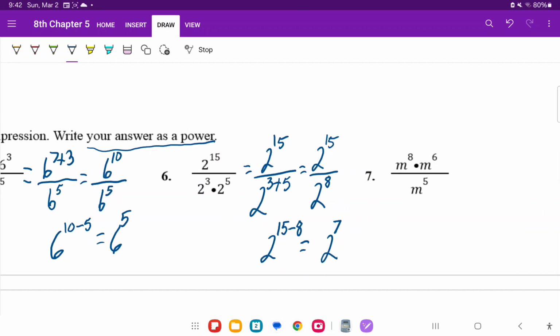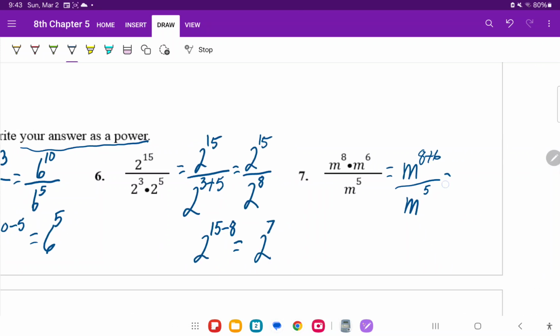All right, so then on number 7, this is going to be m to the 8 plus 6 over m to the 5th.